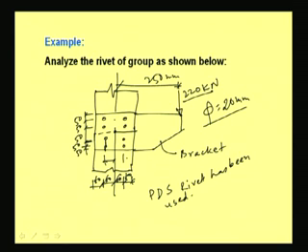Now, we have to analyze this. Analyze means we have to see whether the rivet is able to carry this much load or not, whether the rivet is going to fail or not. What we will see here is that because of its position, this rivet and this rivet will be exerting maximum force.